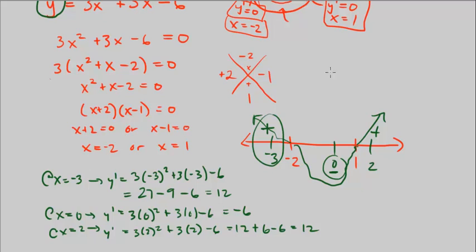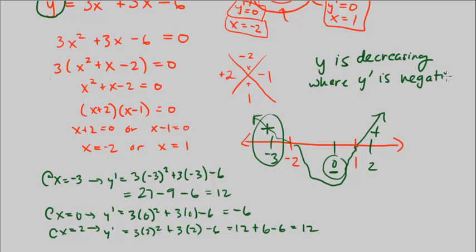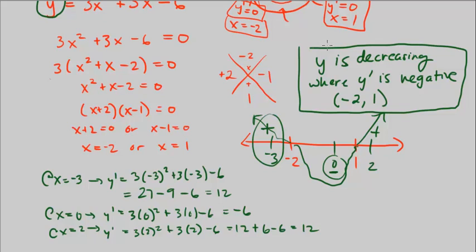Well, y is decreasing in the same region where y prime is negative, and that's between negative 2 and positive 1.